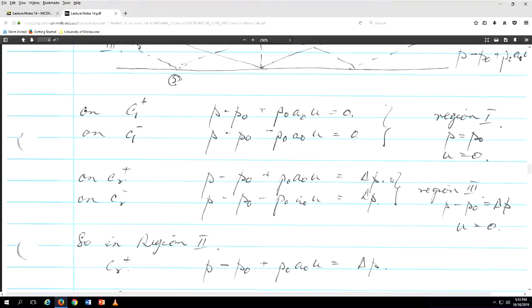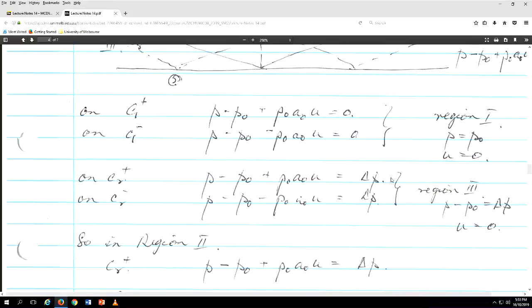So on C2 plus, P minus P naught plus rho naught A naught U is delta P, because U is 0 and P minus P naught is delta P. And on the C2 minus, P minus P naught minus rho naught A naught U is also delta P. And so everywhere in region 3, P is equal to P naught plus delta P, and U is equal to 0. Well, we knew that.